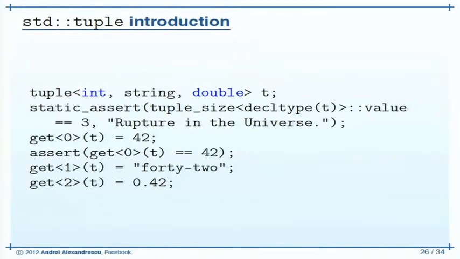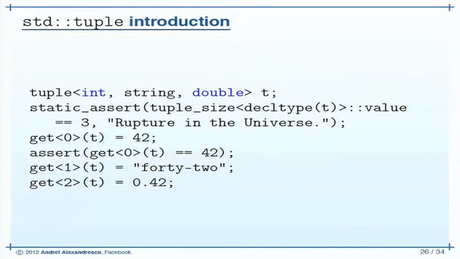And let me just give you a short introduction to std::tuple. Let's say we have a tuple of int, string, and double, and we can assert that tuple_size of the tuple's type is 3. And then, here's something interesting. So get<0>(t), you can assign to it, which is this int.